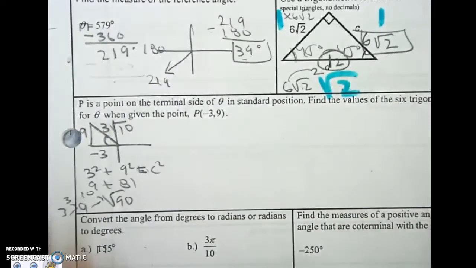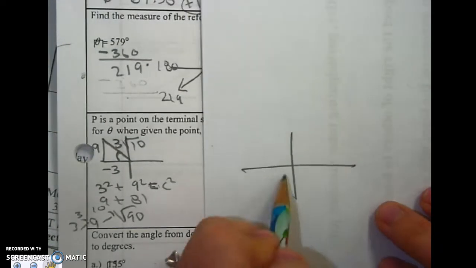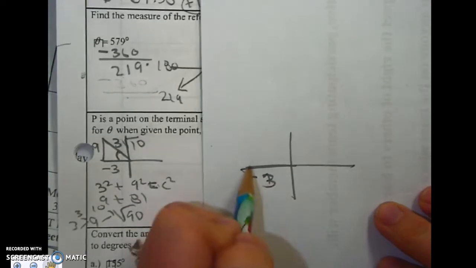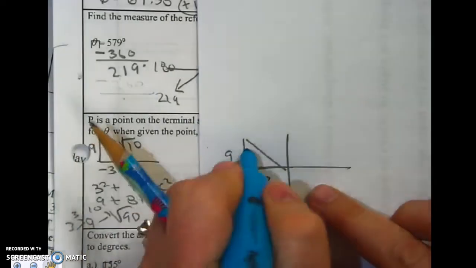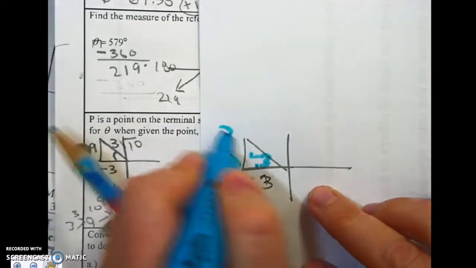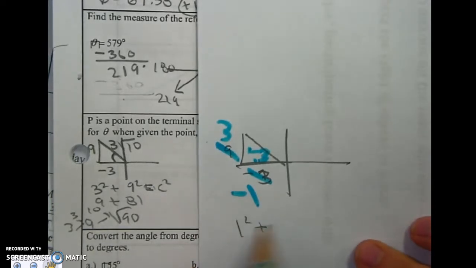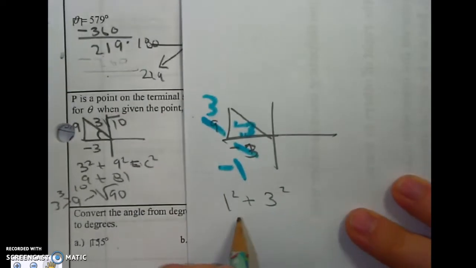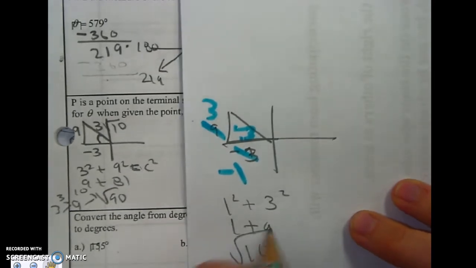Now, I just want to show you something on the side. What I could have done instead is that I noticed, just want you to see it, negative 3, 9. I could have divided by 3 here. And that would have been 3 and negative 1. And what I like about that is it's a lot smaller. So 1 squared plus 3 squared is 1 plus 9, which is 10, square root.